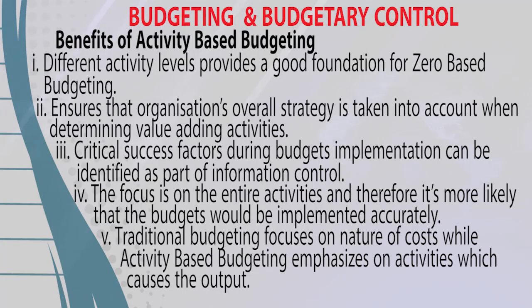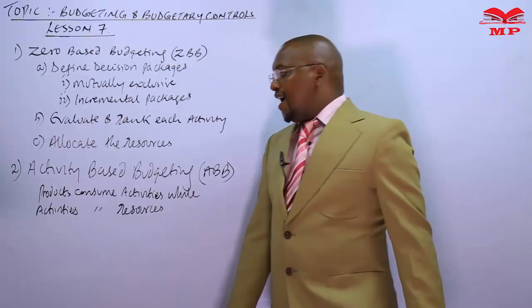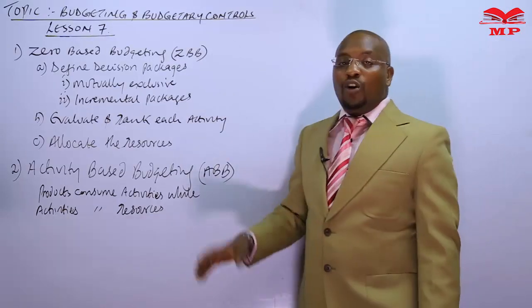And therefore, if you're able to understand those activities, then you're able to understand the whole organization. Touching on an activity is touching on the whole organization. Then talking of the critical success factors during the budget implementation is very important, because these are factors that define the whole organization.